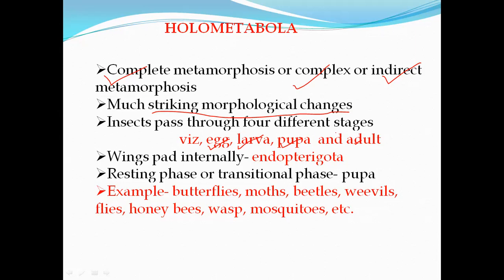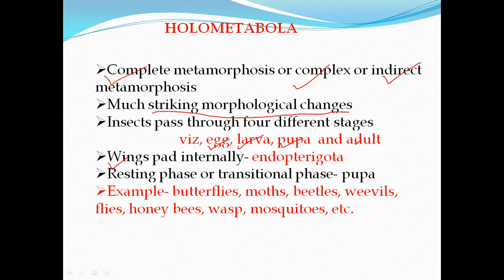And from the character point of view, the wing pads develop internally. In hemimetabolous insects the wings develop externally, so we say exopterygote. But in holometabolous insects the wings are developed internally, so we say endopterygote.